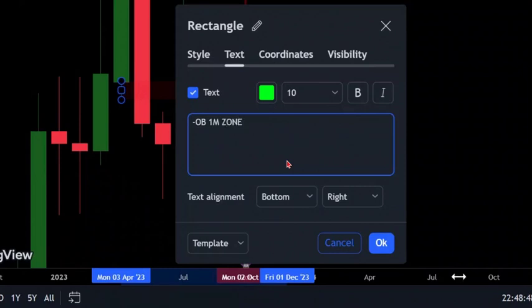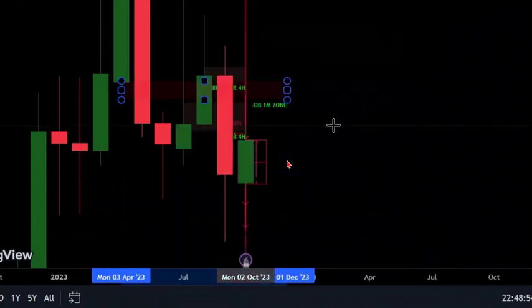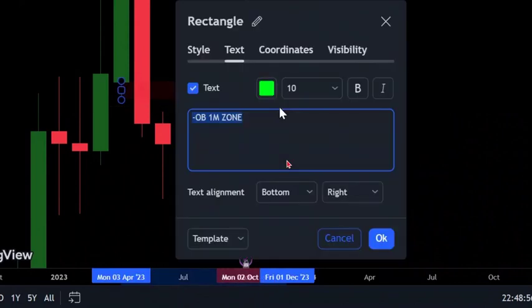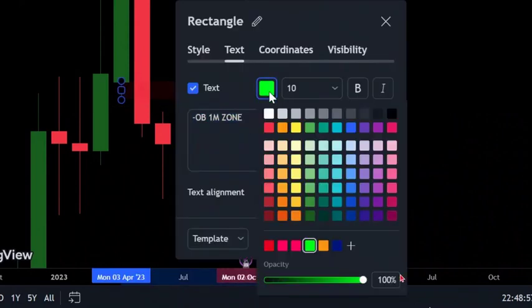So yeah, mark up that zone, make it pink, because that's for monthly.